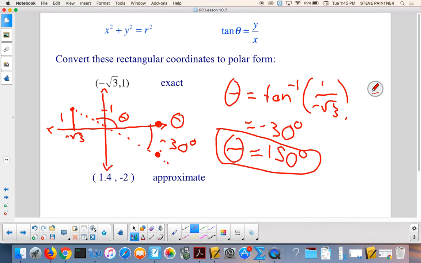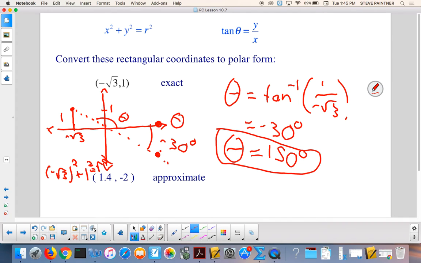We found our angle. How do we find our radius? Just use the Pythagorean theorem, is that what I heard? Yeah, so we have negative root 3 as our x, squared. Some people want to use a special right triangle, yeah, you could use that too, or you could use the Pythagorean theorem, whatever you want.